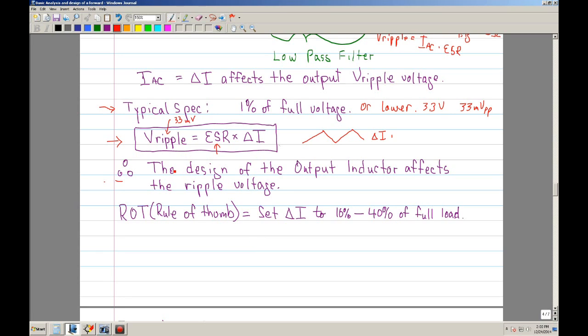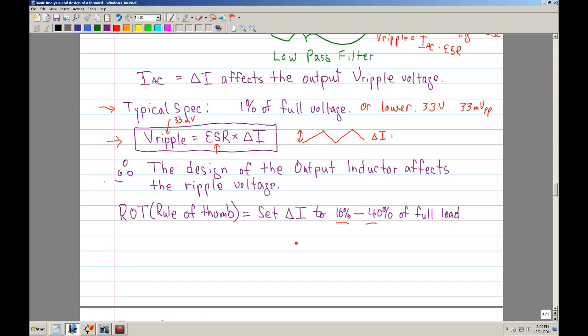Now the design of the output inductor affects the ripple voltage. So there is a rule of thumb that you can set the delta I, basically this delta, from 10 to 40% of your full load.